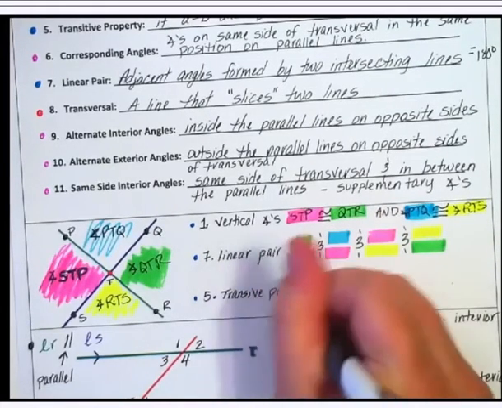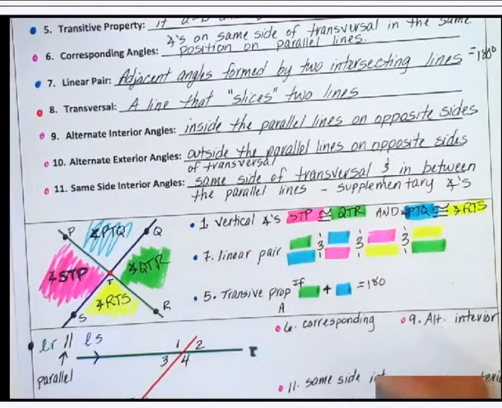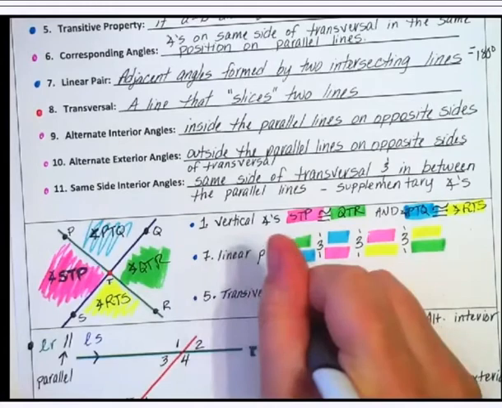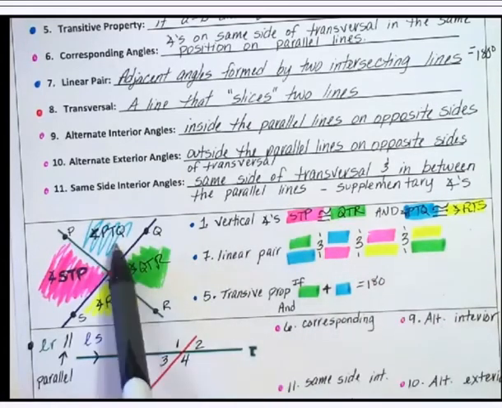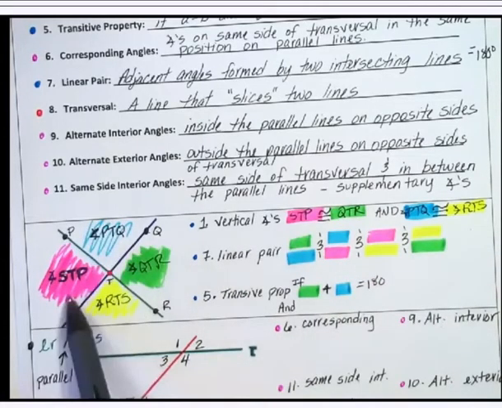And so if blue plus green equals 180 and blue plus pink equals 180, get my right colors.